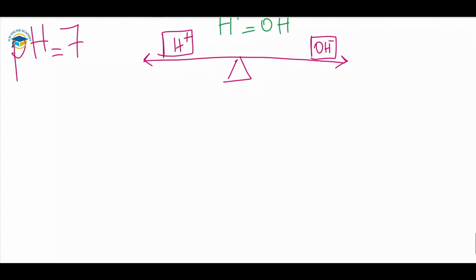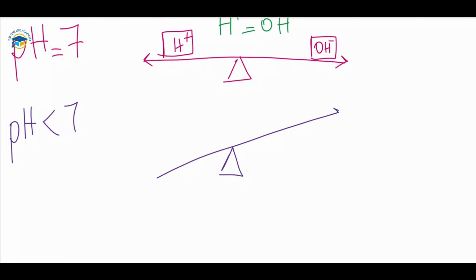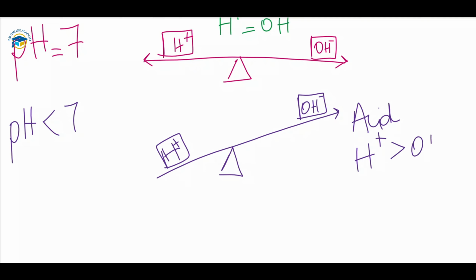Next, if we talk about pH lower than 7, pH less than 7, and the litmus turns red. Why does the litmus turn red? You can see here in this diagram we have more hydrogen ions. Hydrogen ions are more because in the case of acids, there are more hydrogen ions as compared to hydroxide ions, because acids are proton donors.